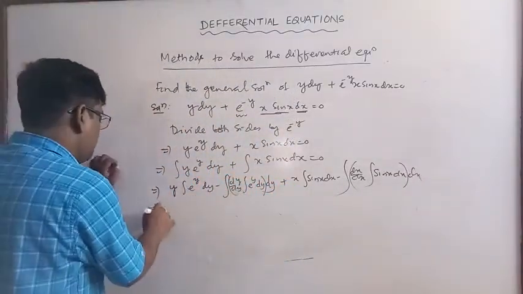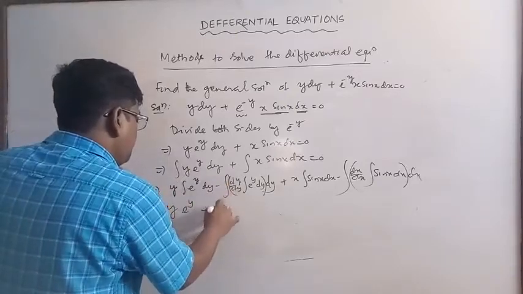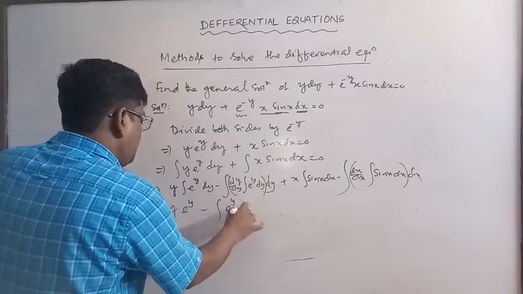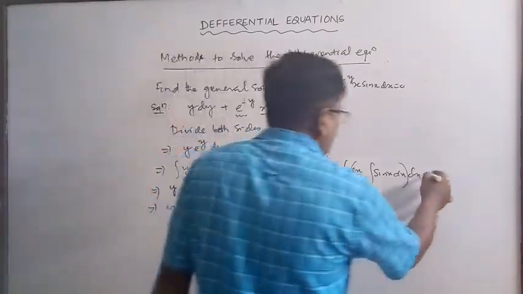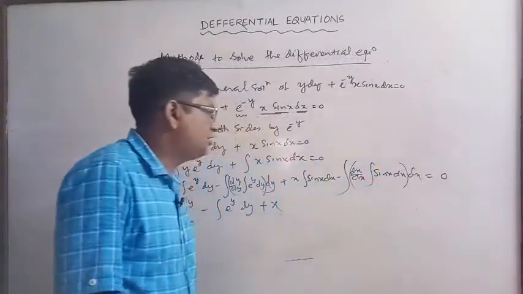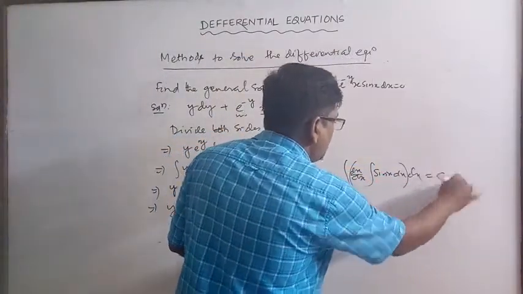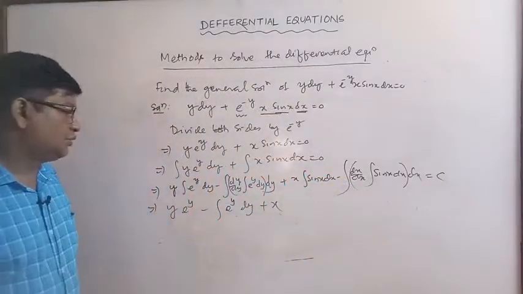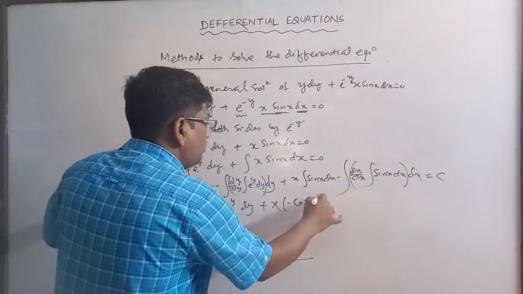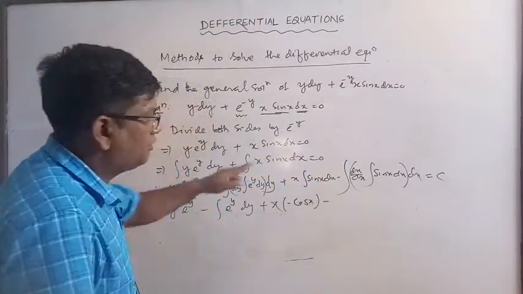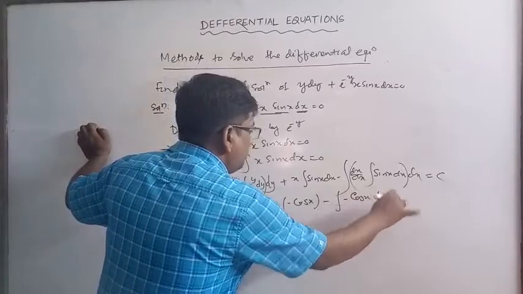Okay, so y into e to the power y minus dy by dy 1, e to the power y dy, plus x into, this is what? This is the constant of integration. This is c. The derivative of integration of 0 equals c. Okay, so x into minus cos x minus dx by dx 1, and this is minus cos x dx.